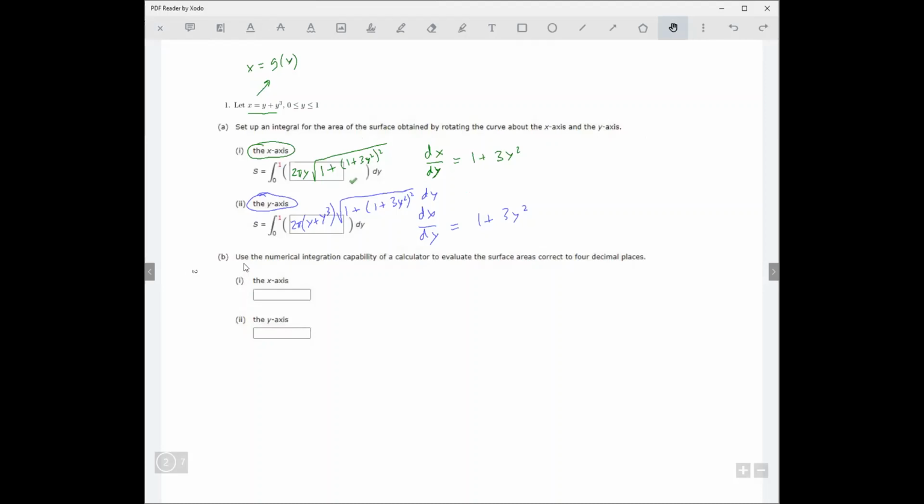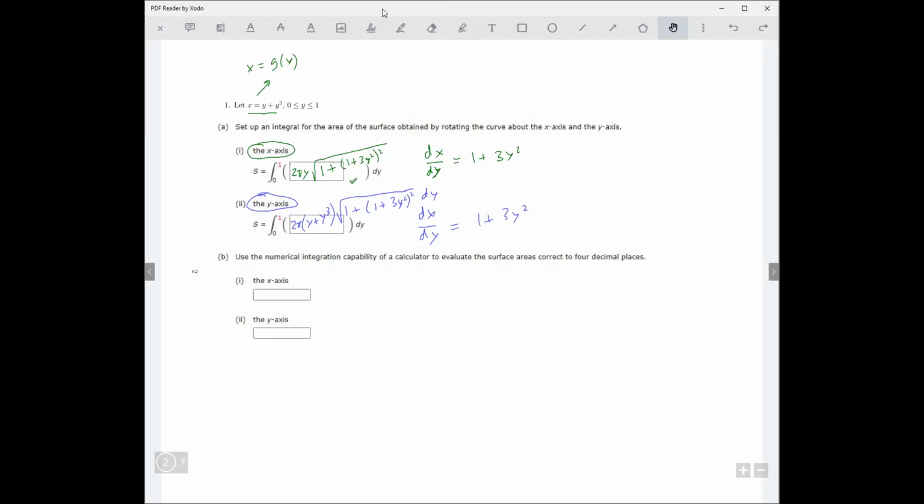Now we use the numerical integration capability of a calculator to evaluate the surface area, correct to 4 decimal places. So we're going to be putting these integrals into a calculator. Let me show you how you can do that.